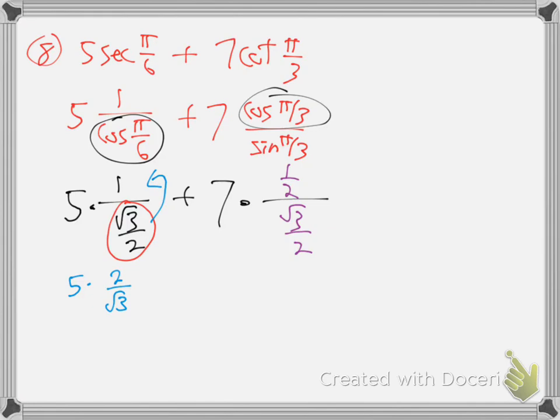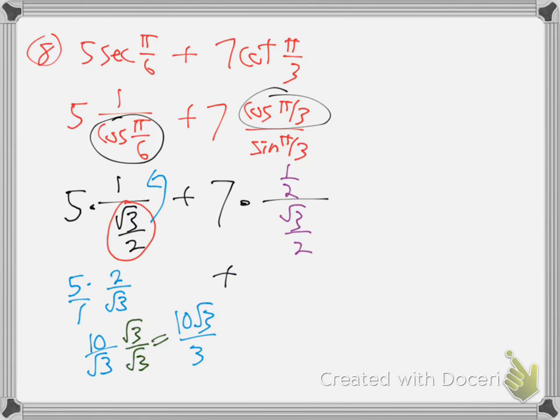And that's 5 over 1, huh? So multiply top with top, bottom with bottom. That's 10 over root 3. And we never leave roots in the bottom. So you multiply top and bottom by root 3 to rationalize it. That's 10 root 3 over 3. We good to there?